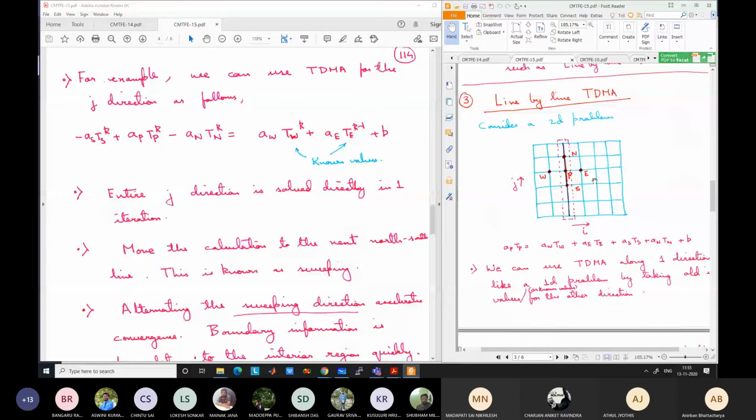Instead of a coefficient matrix of size 10,000 by 10,000, which is a huge matrix, here you have a coefficient matrix of 100 by 100, and then you repeat the calculation 100 times, which will take much less time compared to solving a 10,000 by 10,000 coefficient matrix, which would have been the case if you go point by point. So that is the advantage.